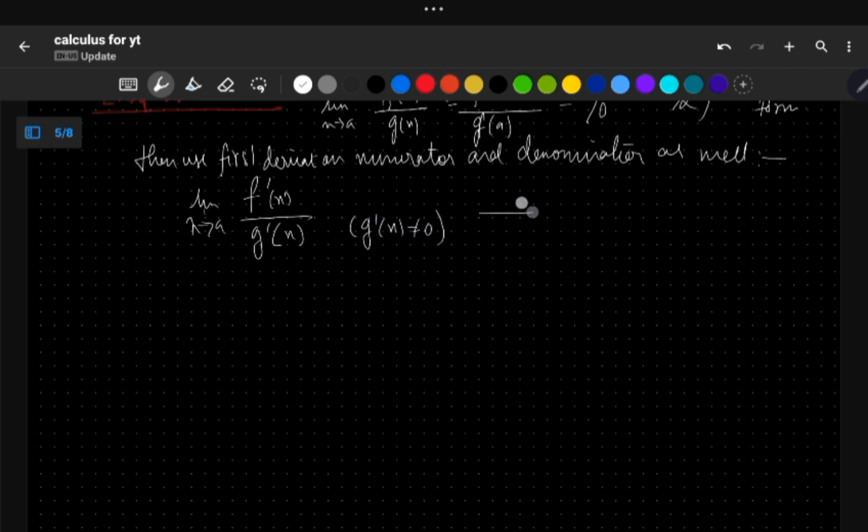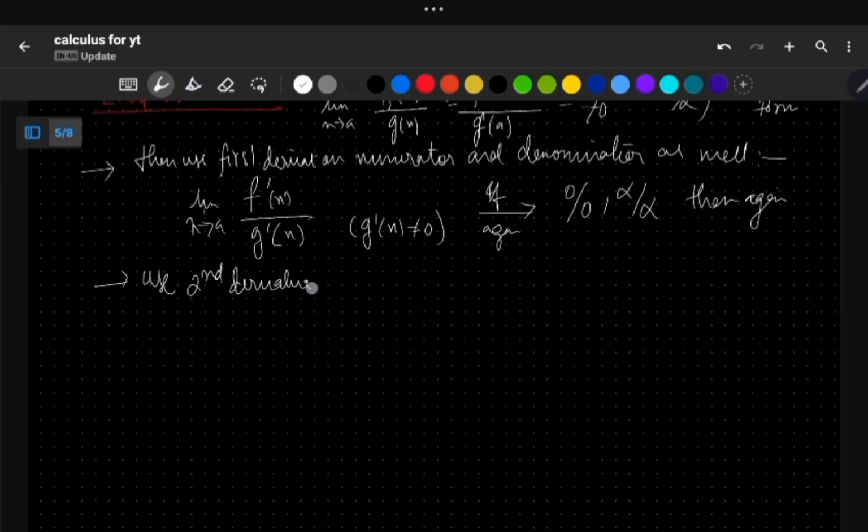If again it comes into the indeterminate form like 0 by 0 or infinity by infinity, then again use the second derivative in both numerator and denominator.